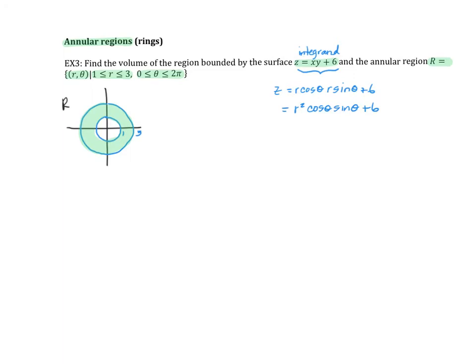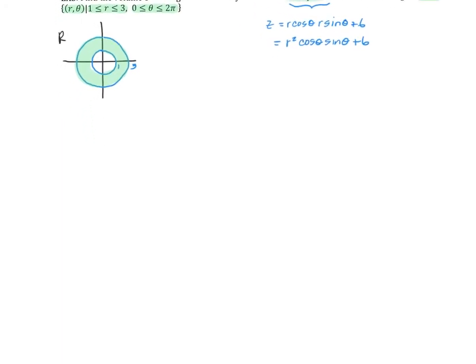So before I go any further, I'm just going to go ahead and switch the cosine sine into sine of 2 theta. Recall from your trig that sine of 2 theta is equal to 2 sine cosine. So if I simply divide both sides of this equation by 2, on the right the 2's cancel, and I have that sine cosine is equal to sine of 2 theta over 2.